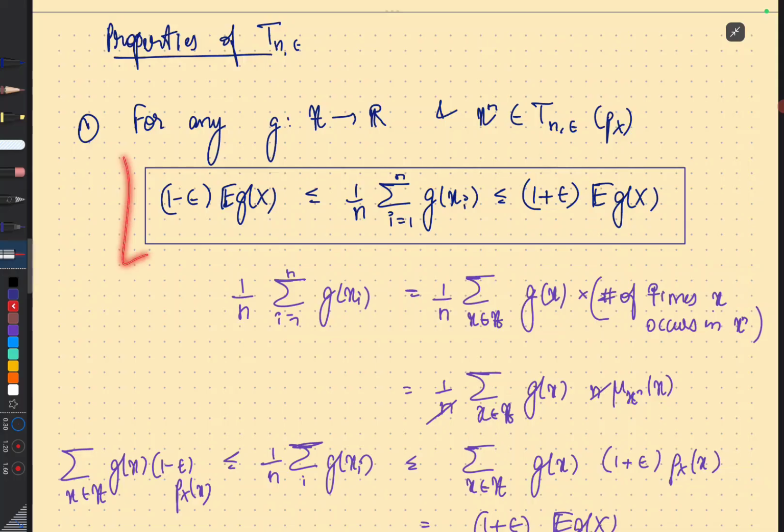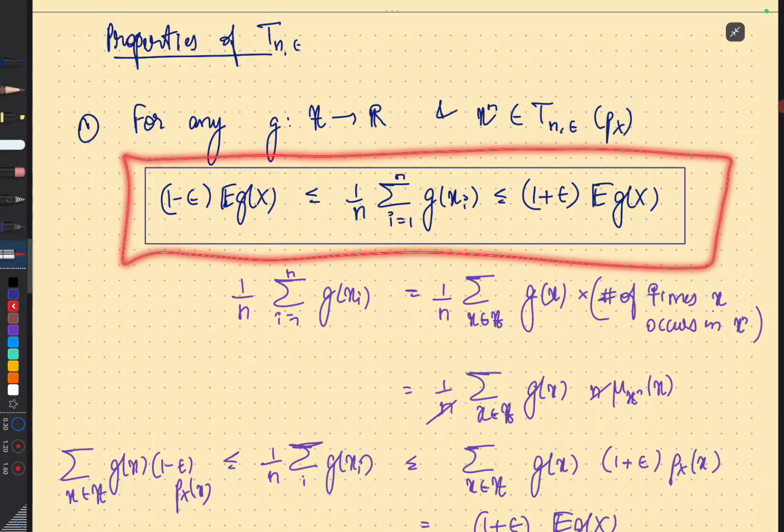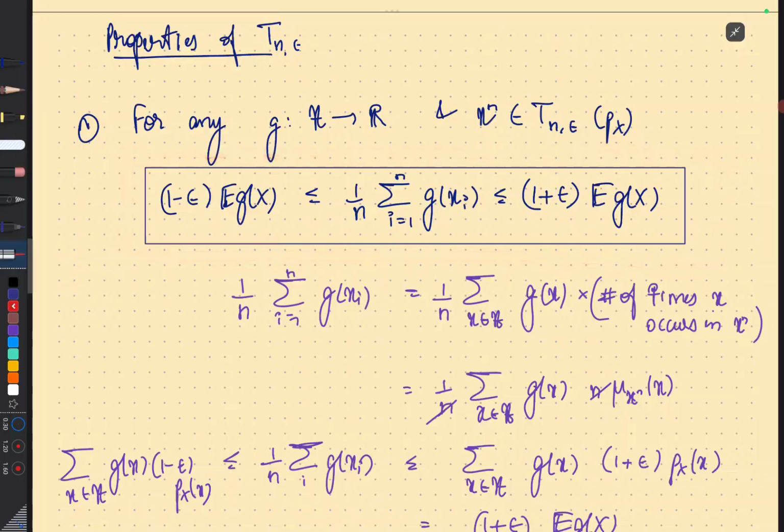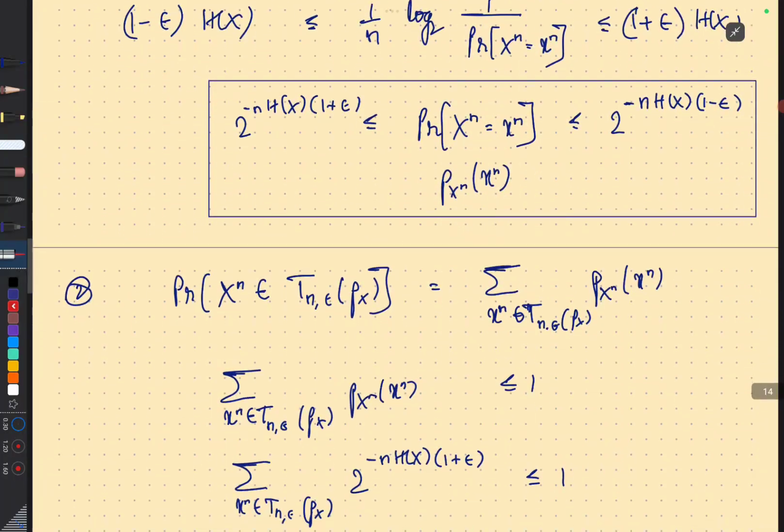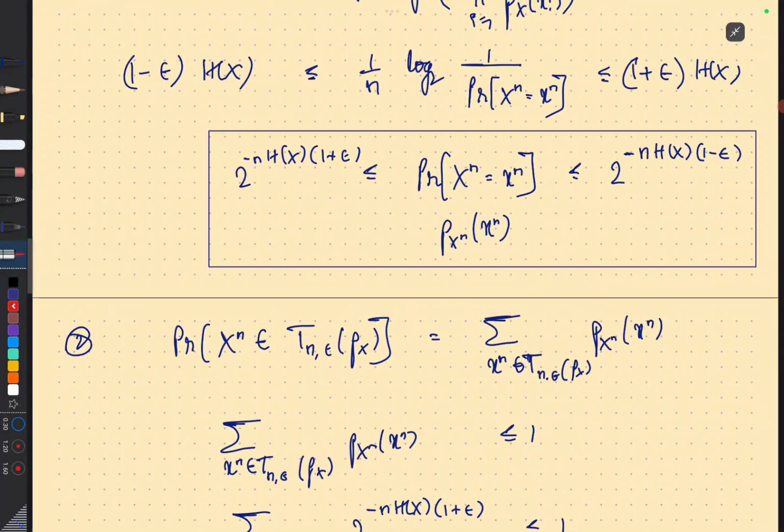For one, we saw this kind of an averaging result, which says that if you take any epsilon typical sequence, then the empirical frequency of any function g is within an epsilon of the corresponding expected value of g. All right, and we use this to show that for any epsilon typical sequence, the probability of occurrence of that particular sequence is almost equal to 2 to the minus n times the entropy.